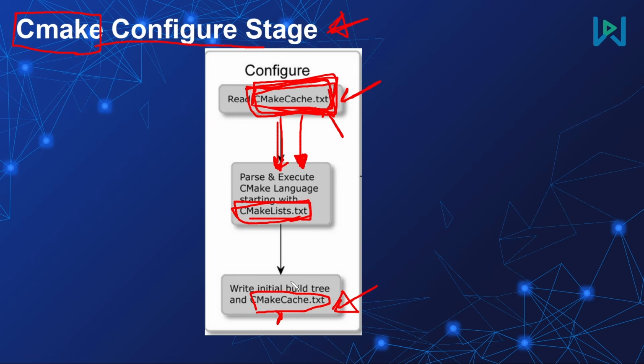So the initial build tree, as well as the list of the sources to be compiled, the internal dependencies that should exist between the sources and the expected outputs, all of this will be generated in a kind of internal representation that CMake can understand. So until now, we are still within the CMake context. We haven't moved to the build tool context, and this is what we will see in the generate stage.